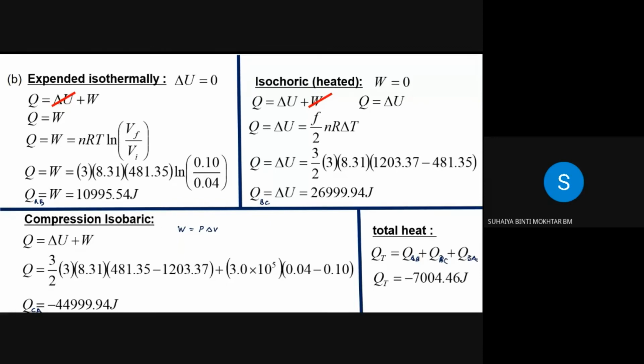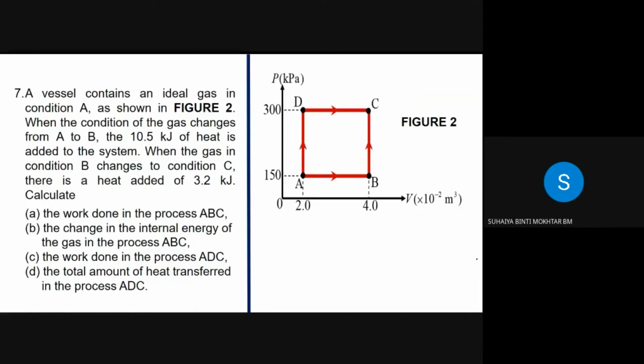Okay, number 7. Okay, the condition of the gas change from A to B. Here is A and here is B. Okay, the 10.5 kilojoule of heat is added to the system.